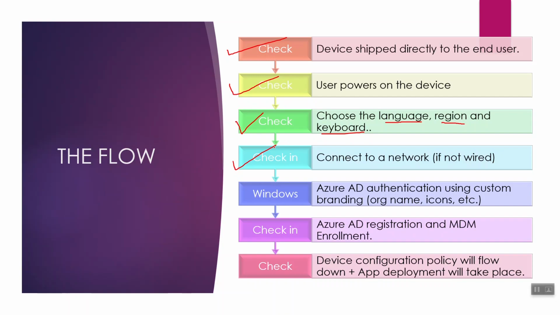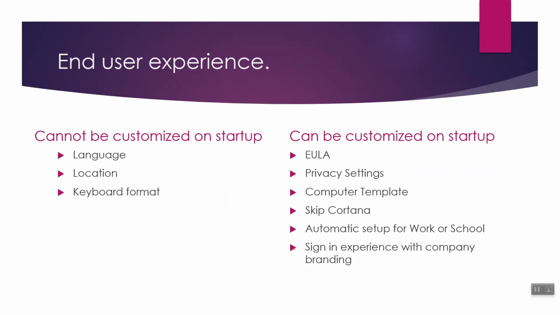Then the device is going to get Azure AD registered. Once the Azure AD registration is done, the device is going to be enrolled to Intune or whichever MDM we are using. Once the device is enrolled to Intune, all the device configuration policies that have been assigned to the user are going to flow to the device.